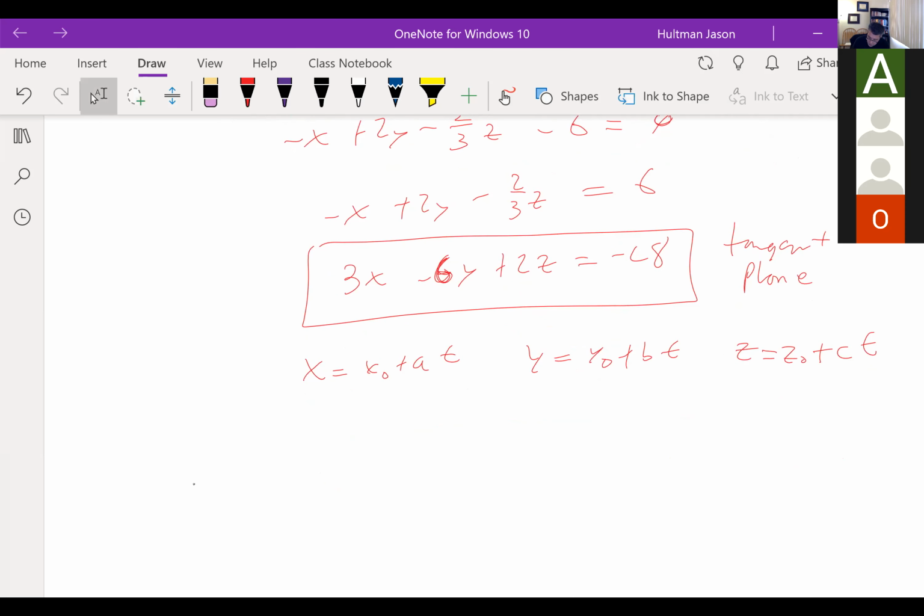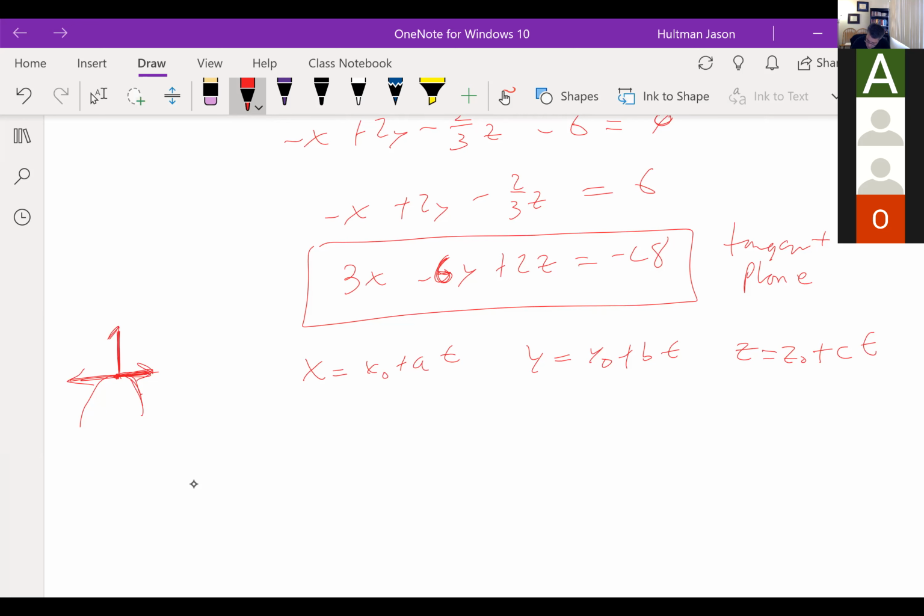So we want the normal line at this point. Say whatever our surface is, we want the normal line at the point. We could have a tangent plane through this, and then we can have the normal.